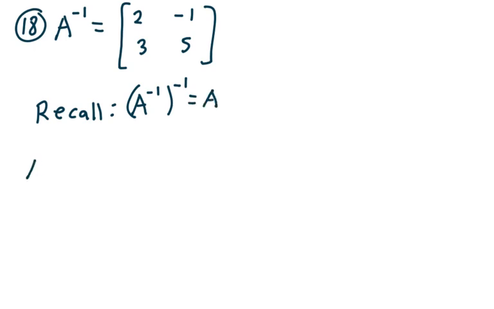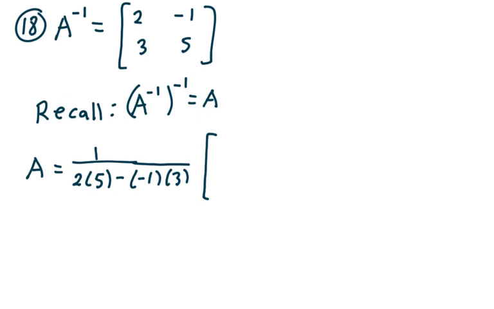And so A is 1 over 2 times 5 minus negative 1 times 3 times the matrix. And then I'm going to put 5, 1, right?